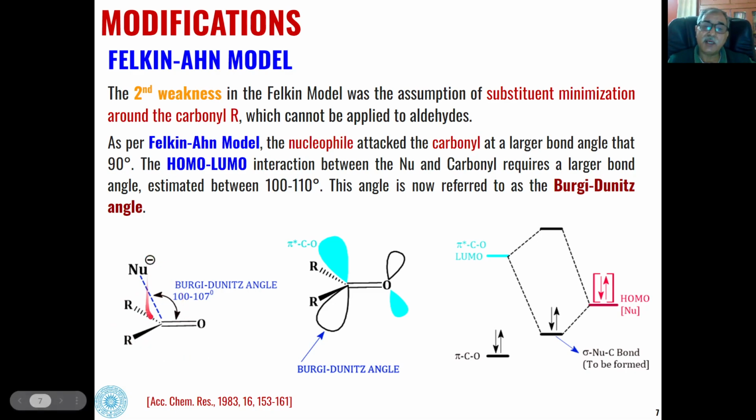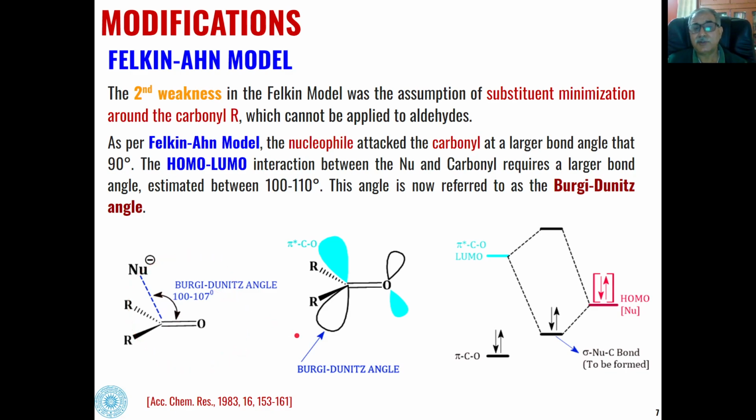This angle, which is more than 90 degrees and close to 100 to 110 degrees, is called the Bürgi-Dunitz angle. Here the interaction between the nucleophile and the other groups is a minimum repulsive interaction, so this will give a more stable transition state.